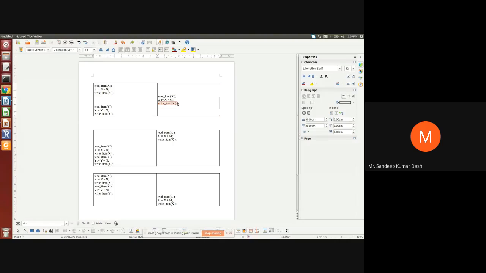You can move this to here and this to here. Okay. Next, these two are also not conflicting because this is an update operation. You can do it.